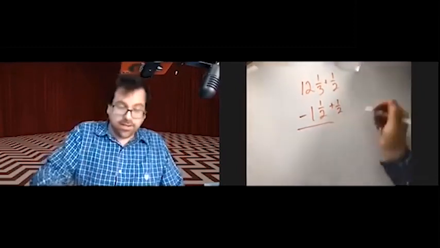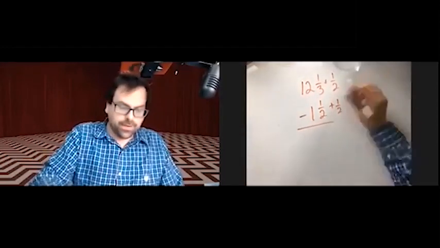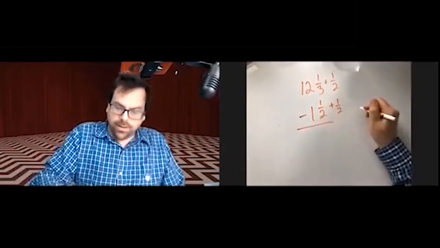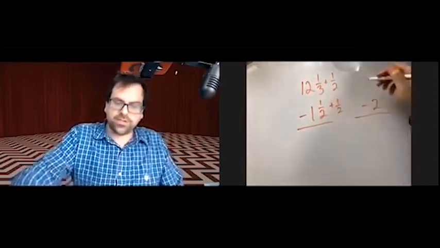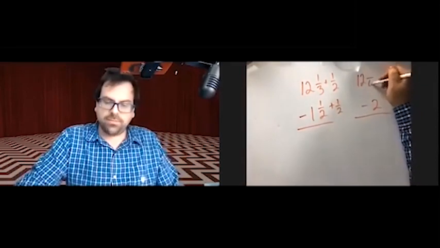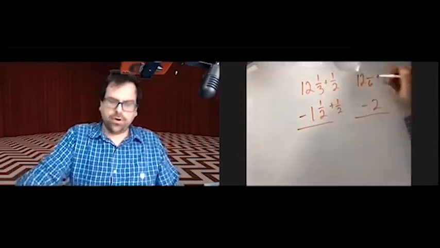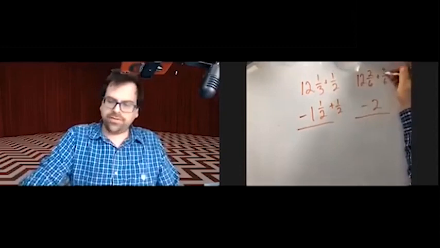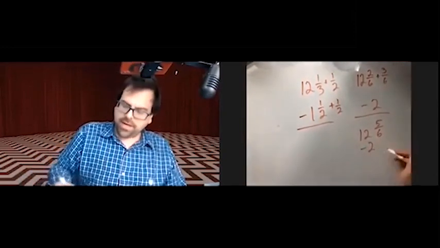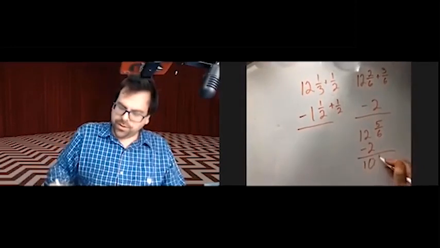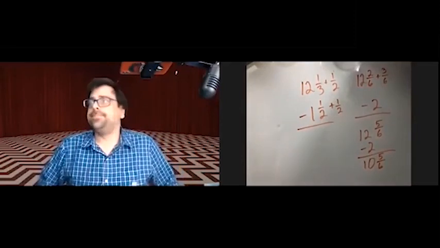This is going to be my default going forward. 12 1/3 plus 1.5 would be 12 and some number of sixths plus some number of sixths. 1/3 is 2/6. 1/2 is 3/6. This is 12 5/6 minus 2. She'll have 10 5/6 after the first cut.